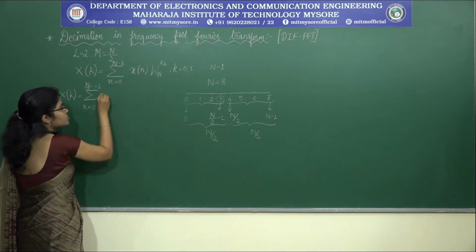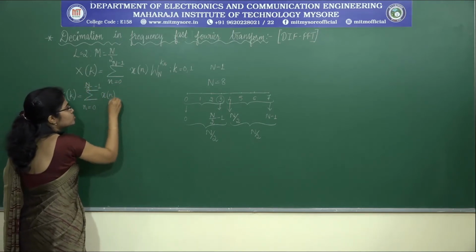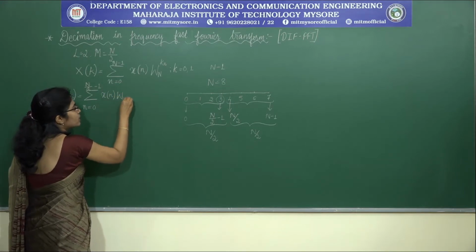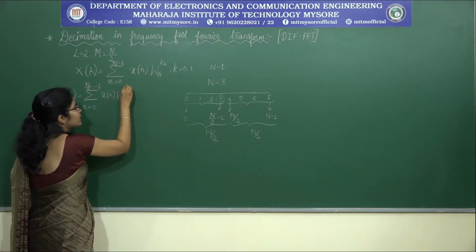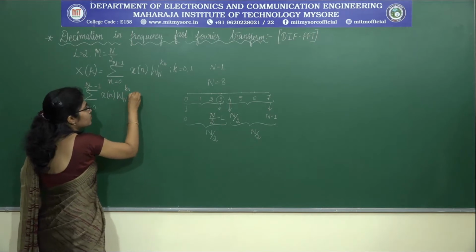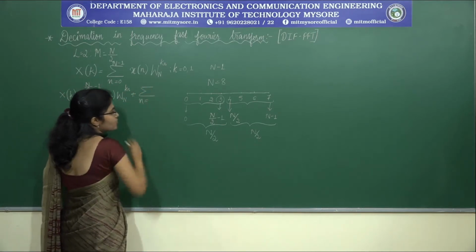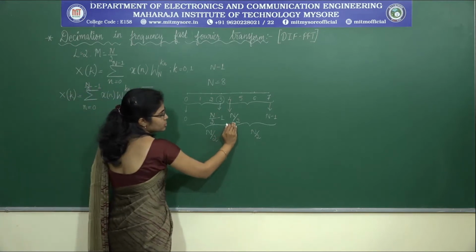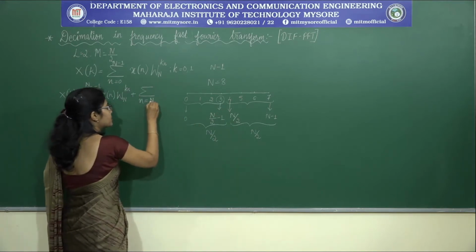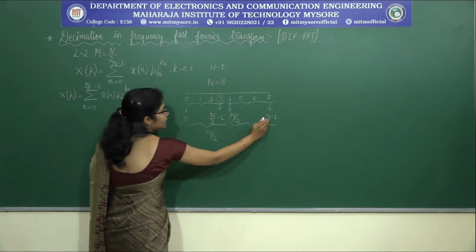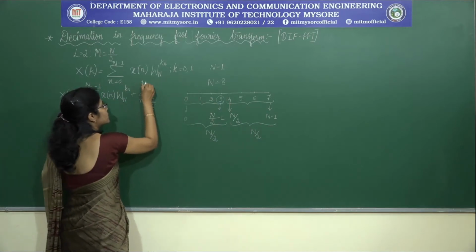The rest of the things remain as they are: x of n into omega N to the power of kn, plus summation n ranges from, the lower limit of the second summation being N by 2, and the upper limit N minus 1.